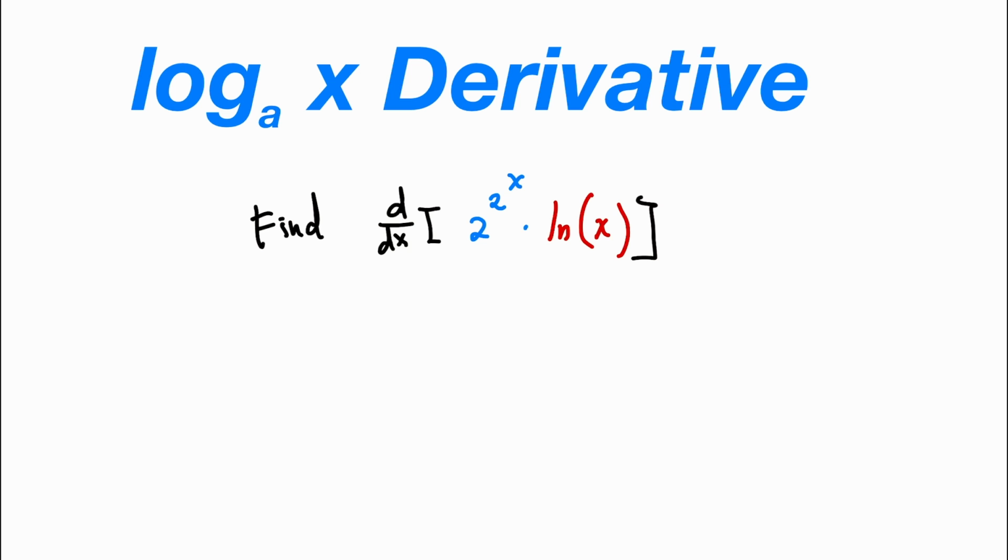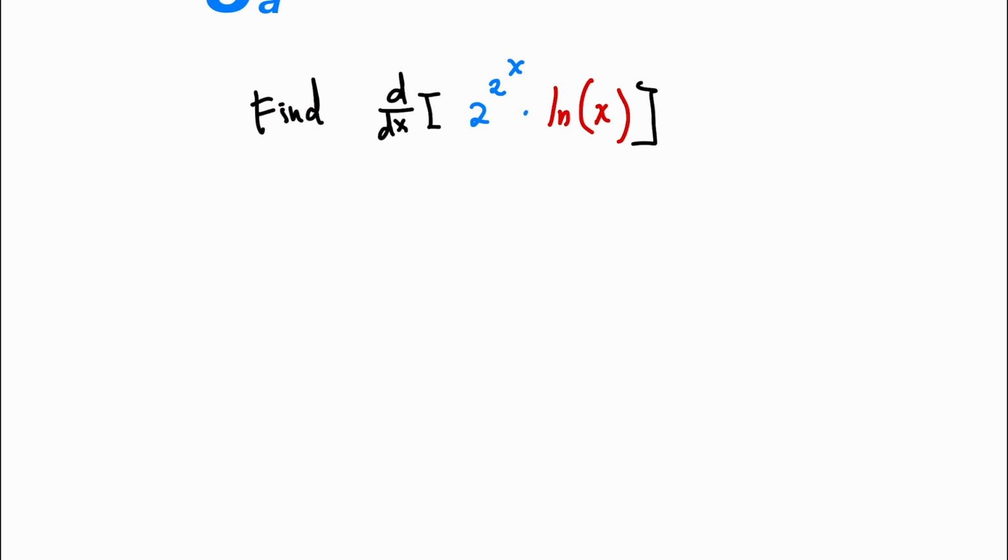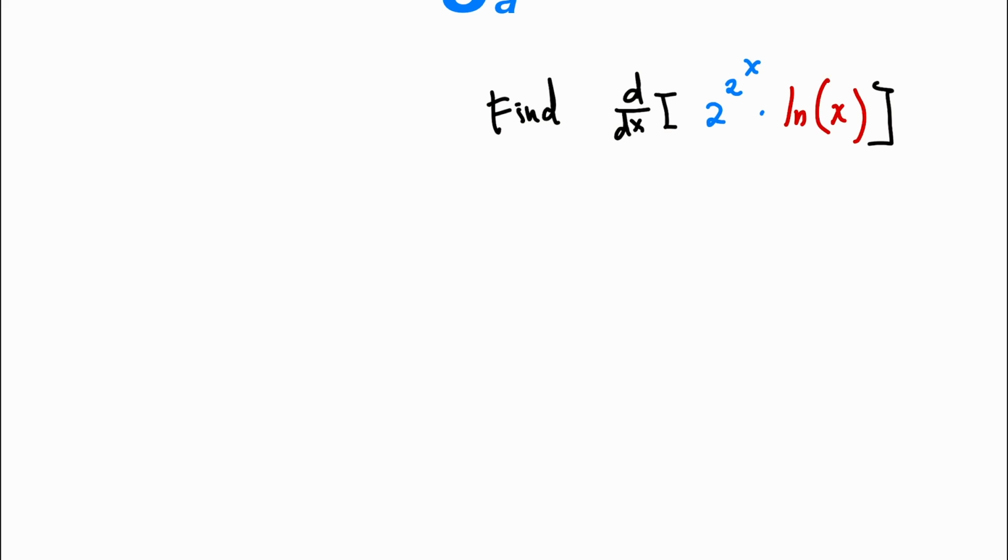So when we look at this problem, I've color-coded it for you. There are two parts to the problem, and we need to use the product rule. We can list a simple chart over here because this does look a bit complicated and it is kind of hard to just apply the rule.